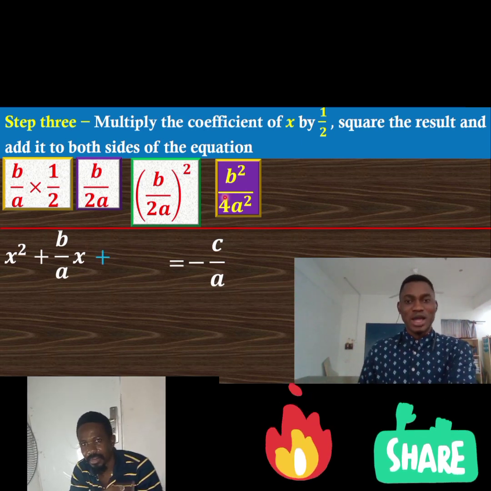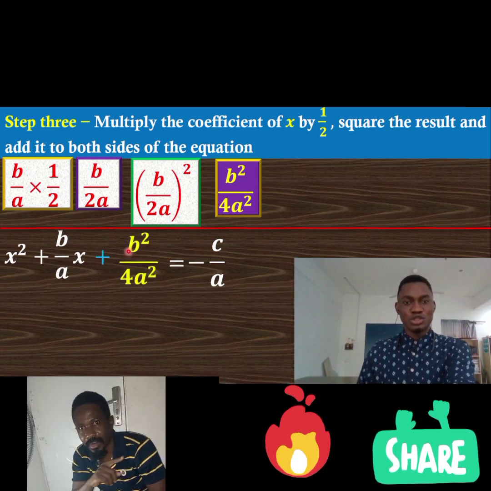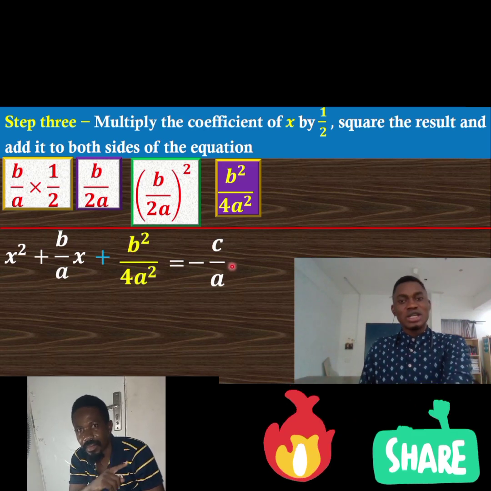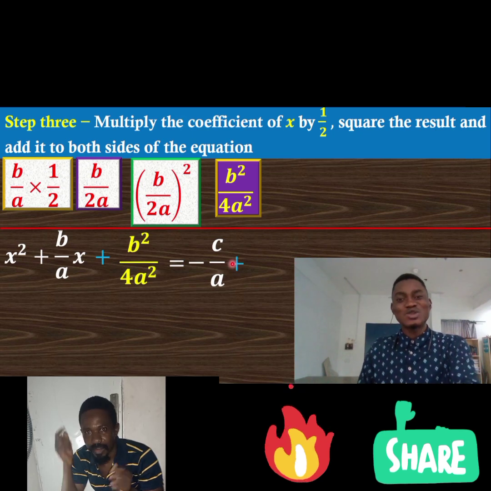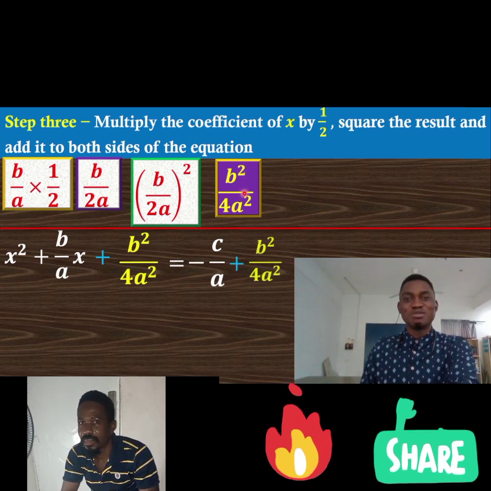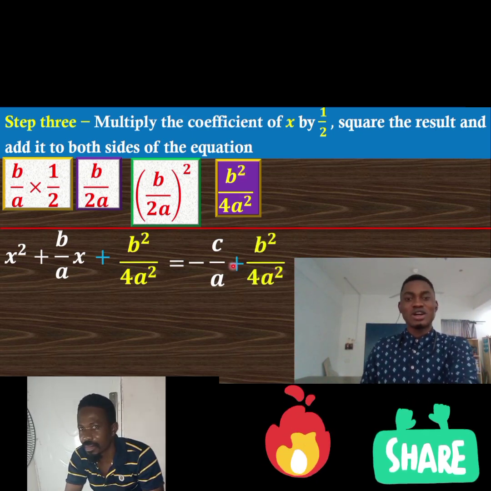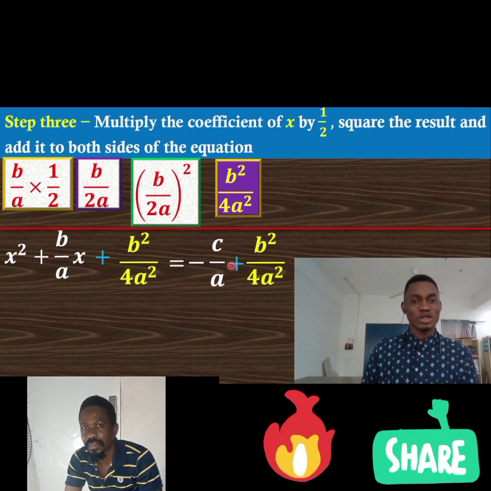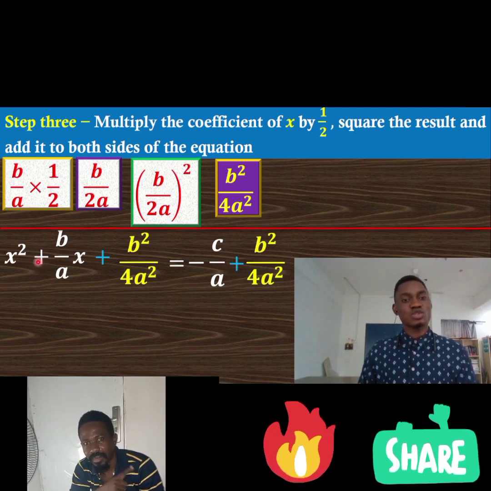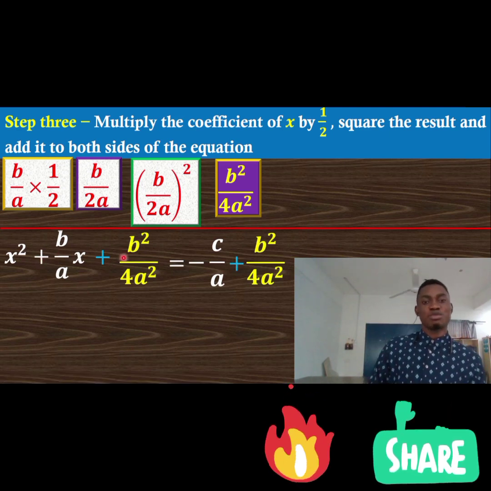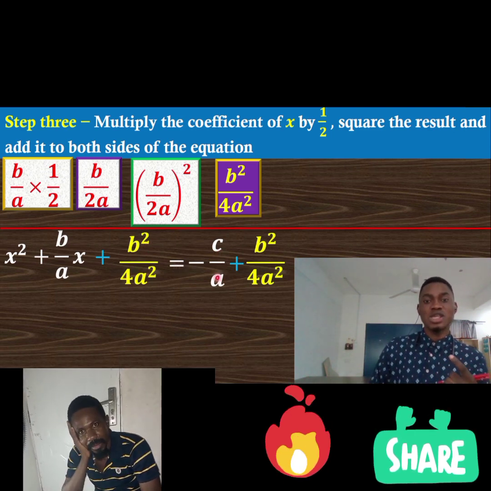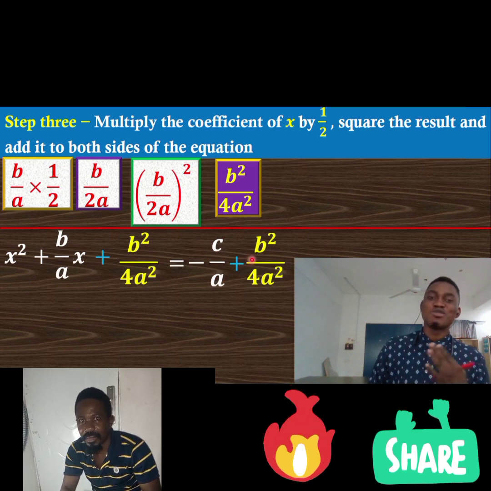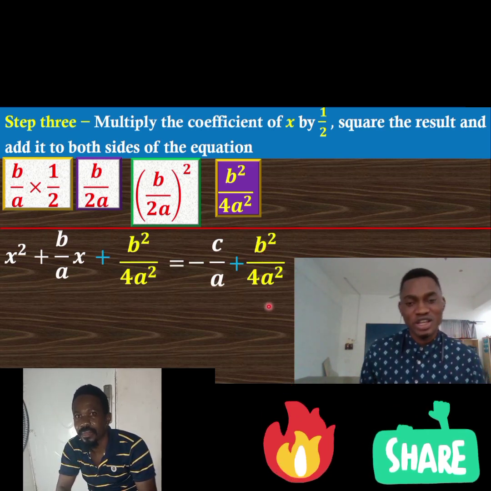Okay, so we are adding this. Okay, we add b squared over 4a squared. Then we move to the right hand side and do same. We are going to add b squared over 4a squared to the right hand side as well. Now we have x squared plus b over ax plus b squared over 4a squared equal to minus c all over a plus b squared all over 4a squared.